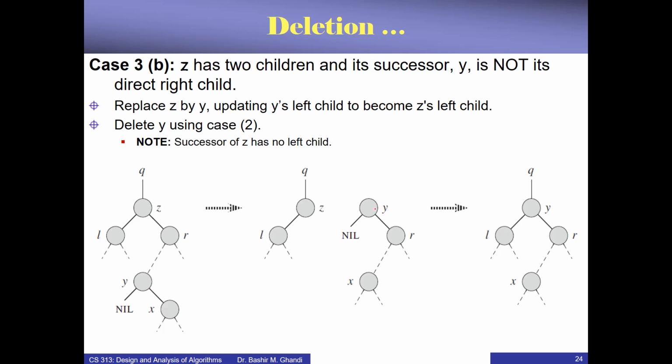And now when you complete the replacement, of course Y will point to L as its left child, because Y is going to replace the Z. The right child doesn't change, it is still R. Just like Z was having R as its right child, if we do the replacement with Y, we're going to get the same thing. So this is how to do the deletion in this case.